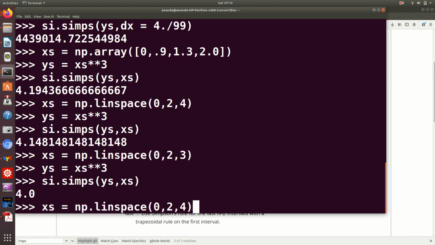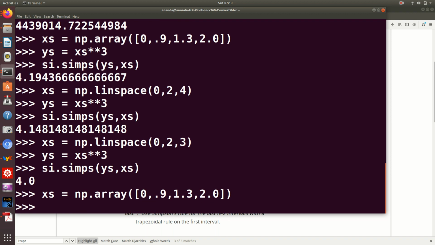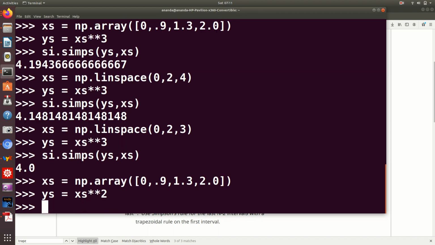But remember, let's go back to the original array once again, and this time let's try it for a quadratic function. And x squared of course integrates to x cubed by 3, and between limits 0 and 2 you get 8 by 3 as the integral. And let's see what Simps gives us.